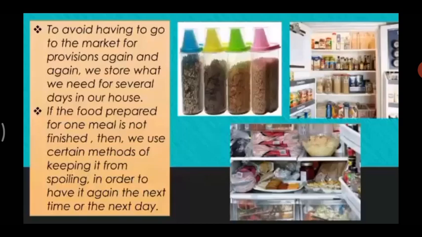We keep them in the refrigerator, and because of the cool temperature, the food in the refrigerator may not get spoiled for 2 to 3 days. And even vegetables and fruits are stored in the refrigerator so that we can preserve them for a longer period of time.